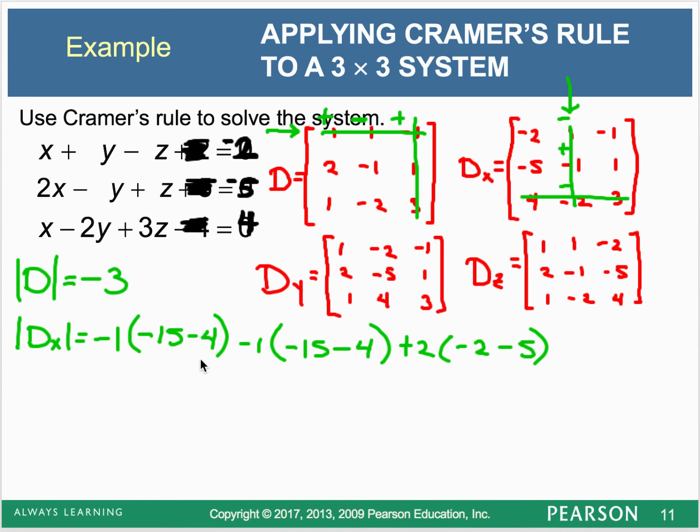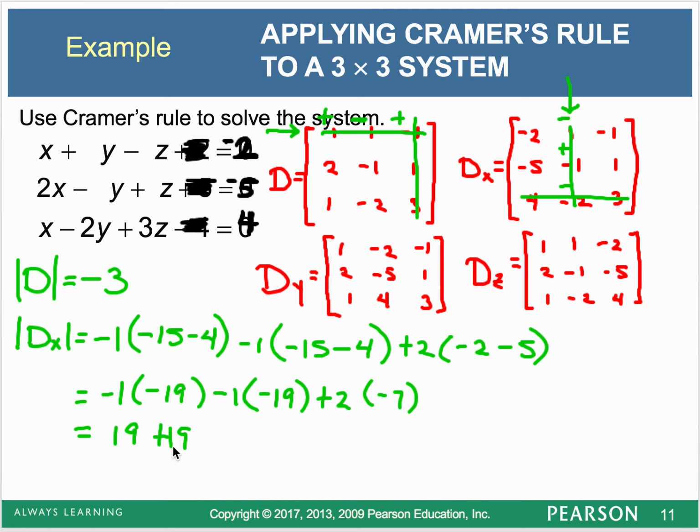So here's my D sub x, which is negative 1 times negative 19, minus 1 times negative 19, interesting, plus 2 times negative 7. So I've got 19 plus 19 minus 14. 19 minus 14 is 5, so 19 plus 5 is 24.